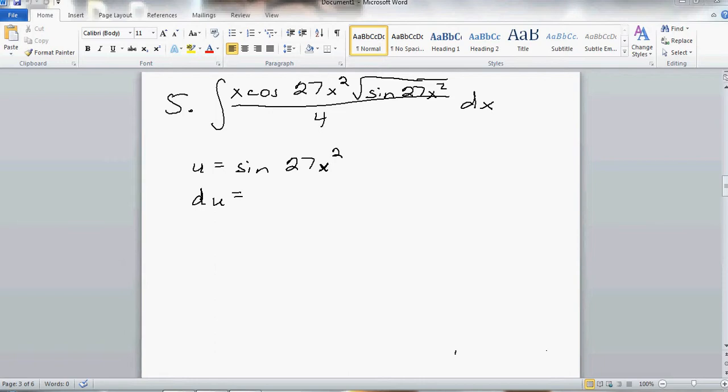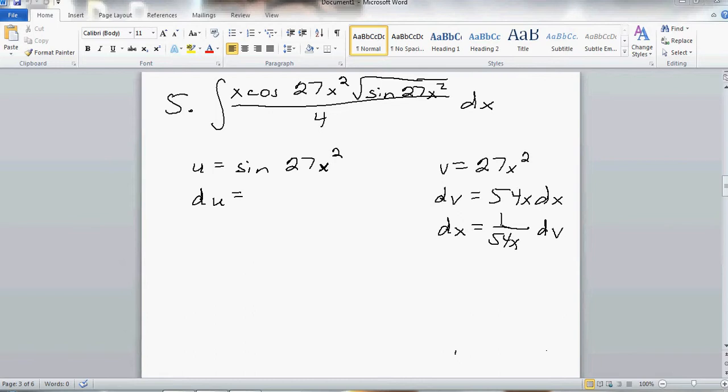Well, the problem is we need to do another substitution. V would equal 27x squared. Okay, so then we immediately do this. dv would be 54x dx. So dx would be 1 over 54x dv.